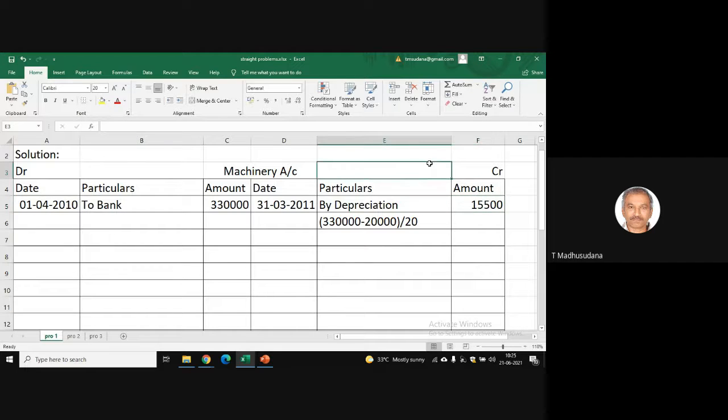So this is the annual depreciation. That means every year the depreciation amount will be 15,500.